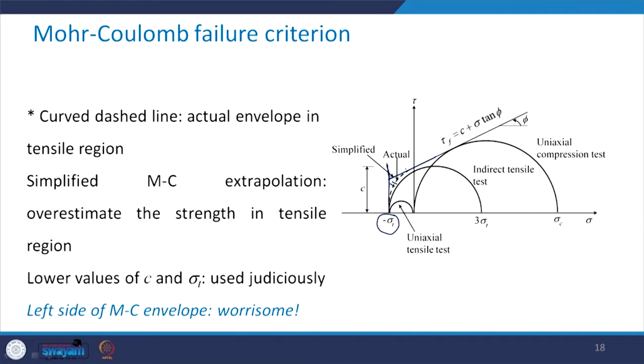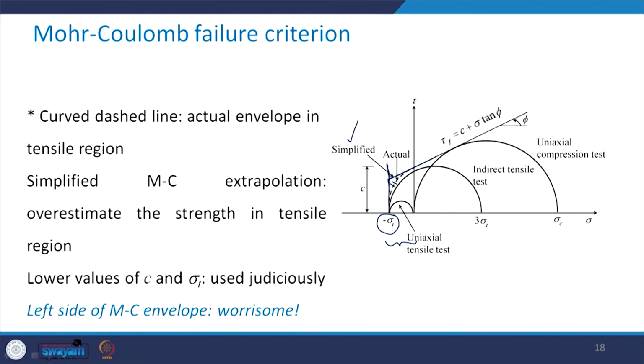So, the actual one is this dotted one and the simplified one is this one. We can see from the figure itself that the simplified Mohr-Coulomb extrapolation overestimates the strength in the tensile region, that is this region.